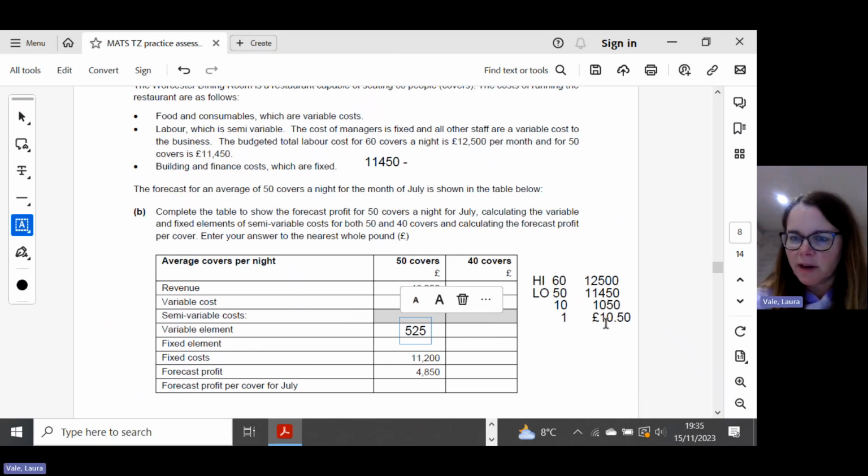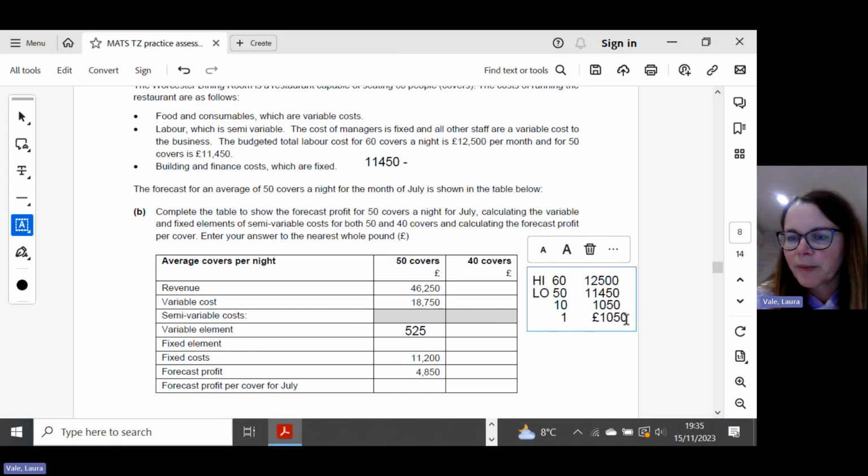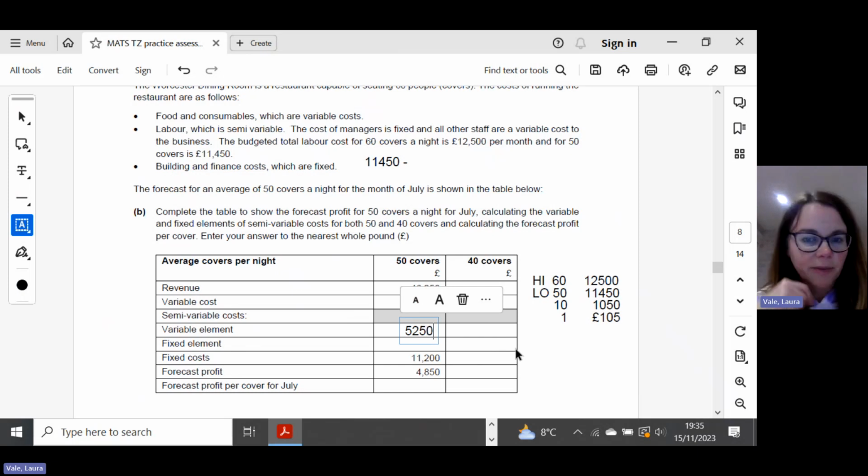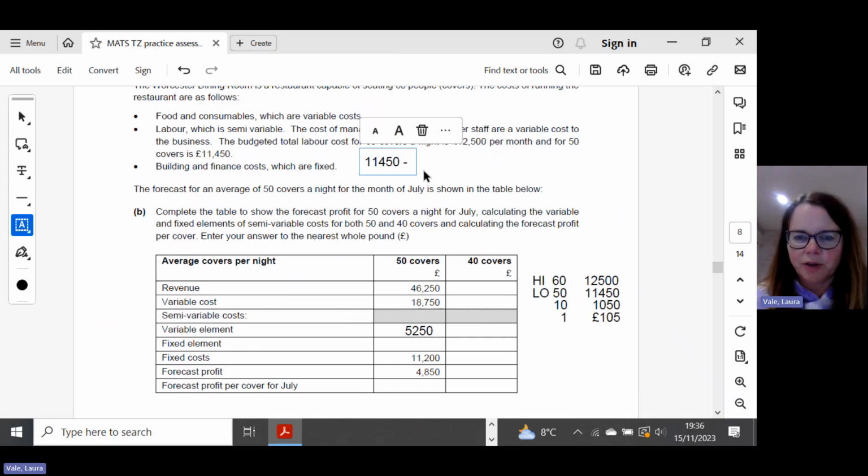Have I not divided that right? 1050 divided by 10. Oh, I've been a donut, haven't I? Whoops. That should have been 105 and that should have been 5250. I do apologise. Right, so therefore, going back to this, it just didn't look right. It looked too small.